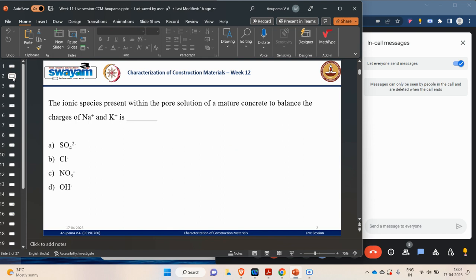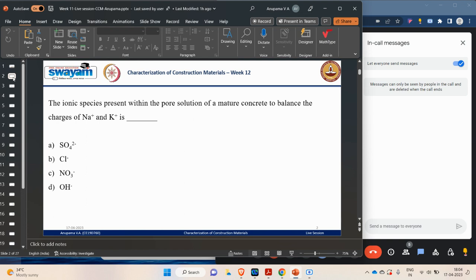The ionic species present within the pore solution of a mature concrete to balance the charges of sodium plus and potassium plus is dash. After quite a long time in a concrete material, only a few ions will be present in the pore solution.